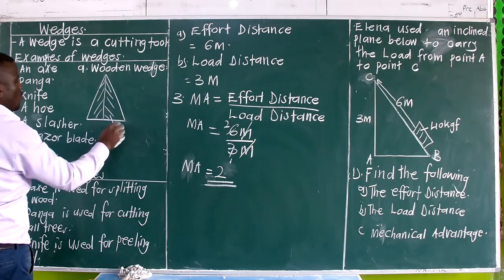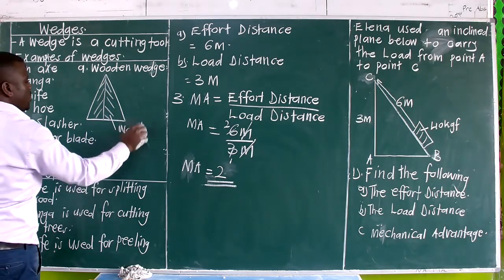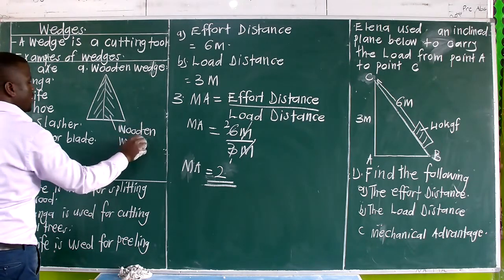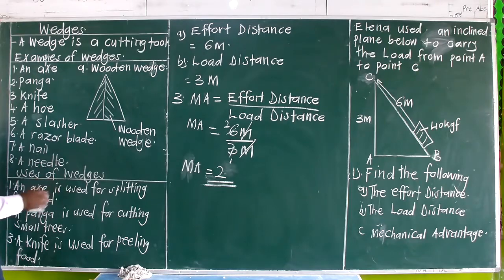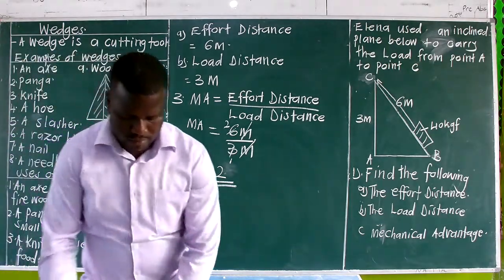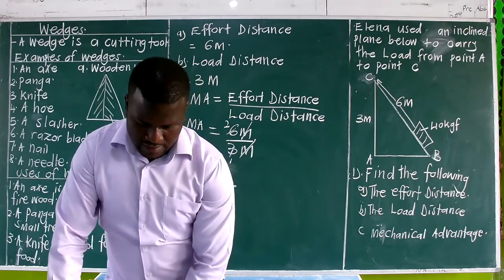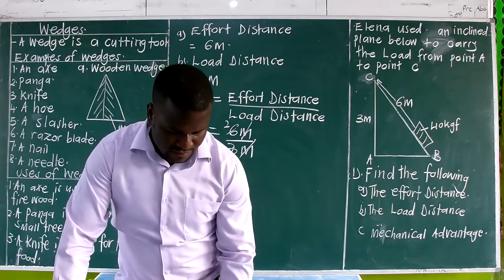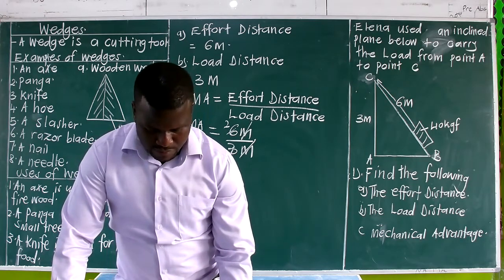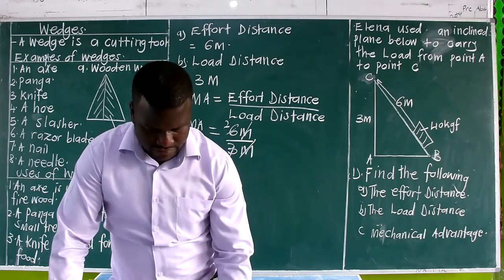So this one is a wooden wedge. It is used for splitting firewood. So those are the examples of wedges. As simple as that.